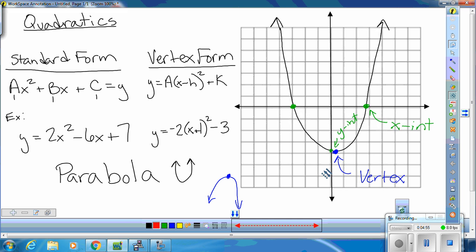The axis of symmetry is like this imaginary line that goes right through the vertex, right through the middle of it. And if you folded it on that axis of symmetry, it would line up just the same on either side. It's exactly symmetrical around this imaginary line here. So we call this the axis of symmetry.